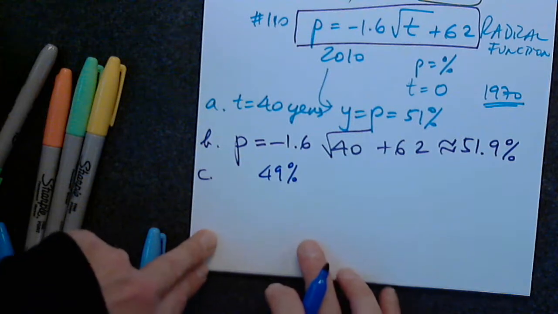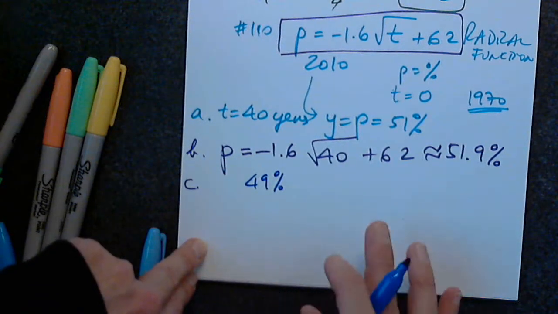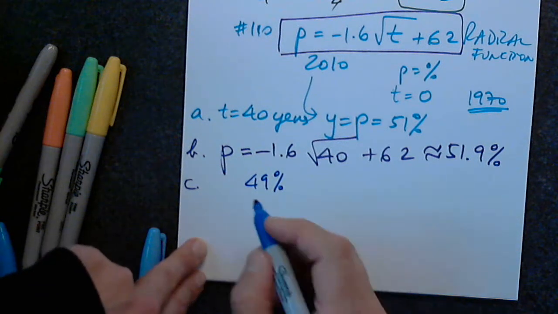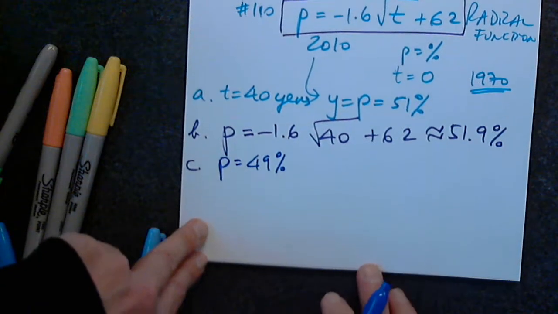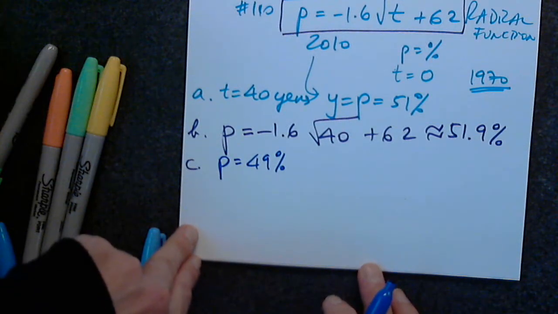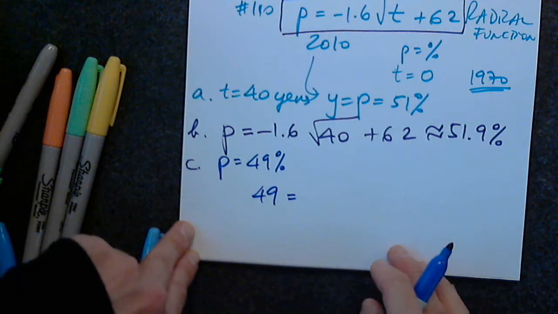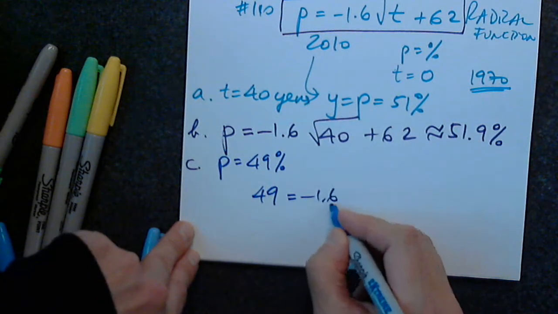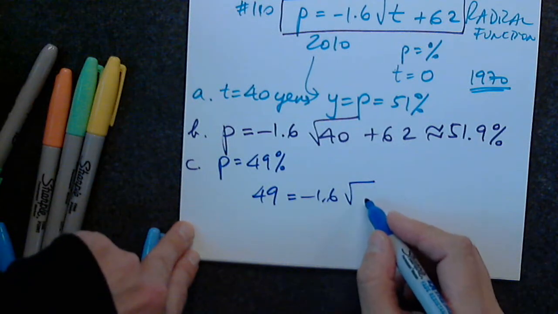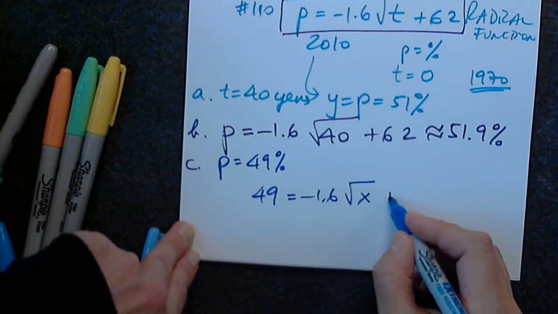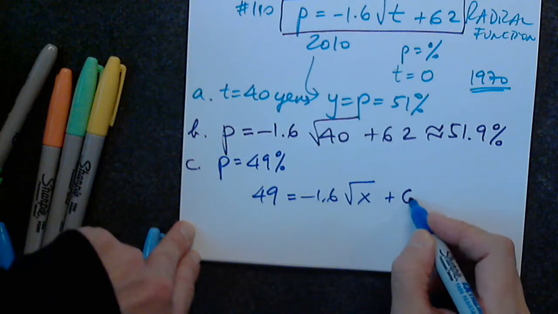Is it T or is it P? Of course. So now, can anyone dictate a new equation that we have to solve? 49 equals negative 1.6 the square root of x plus 62. Good.